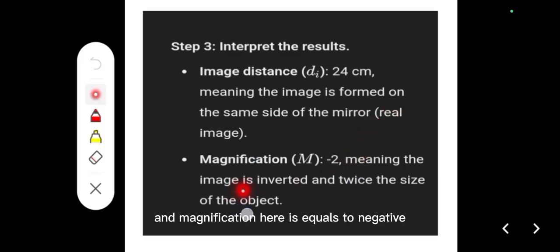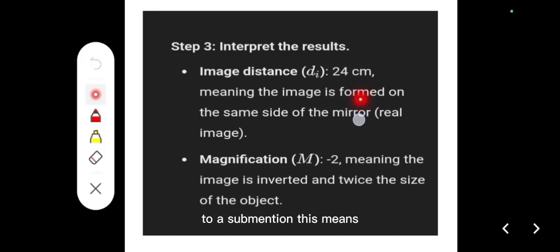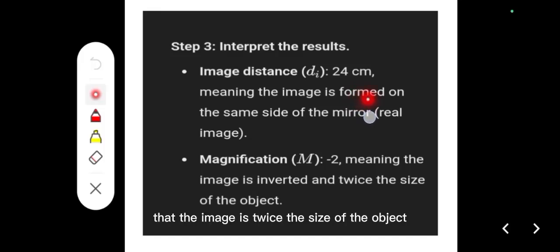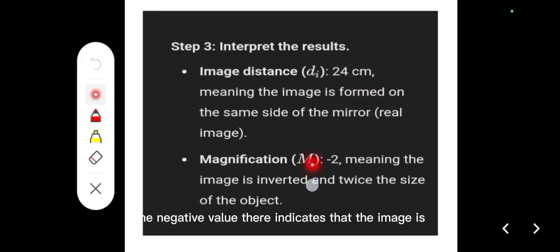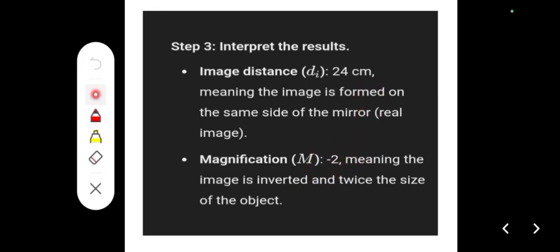And magnification here is equal to negative 2. As I've mentioned, this means that the image is twice the size of the object. At the same time, the negative value indicates that the image is inverted. A negative value of magnification means it's inverted.